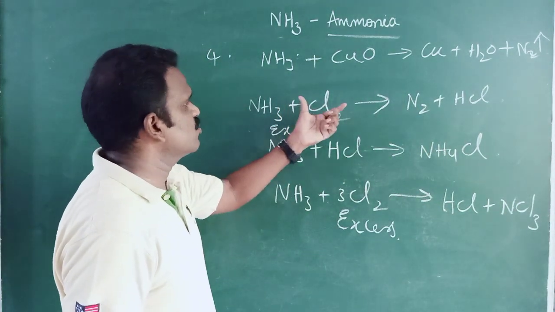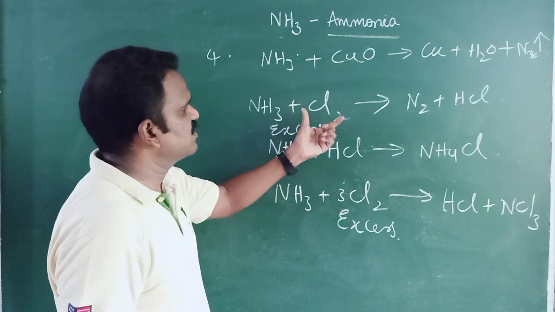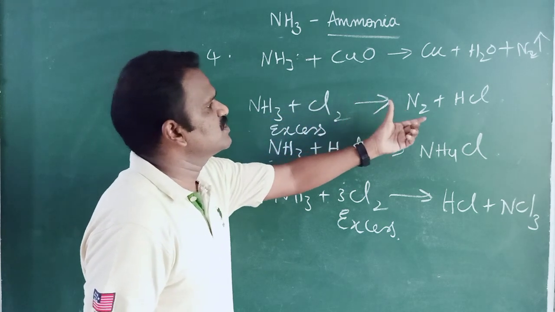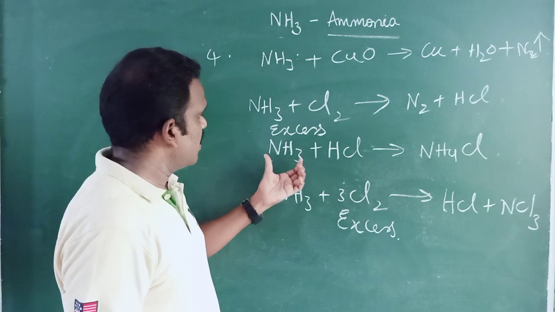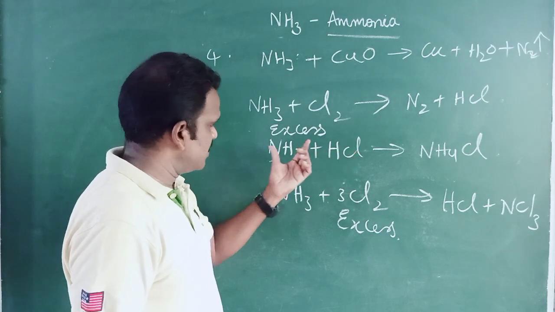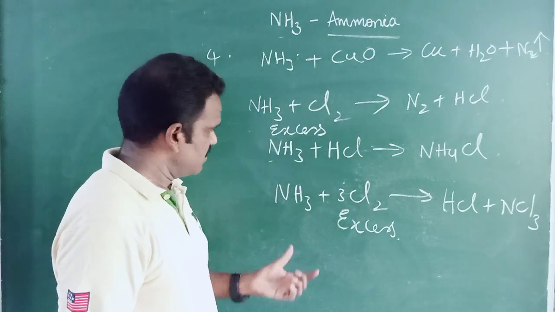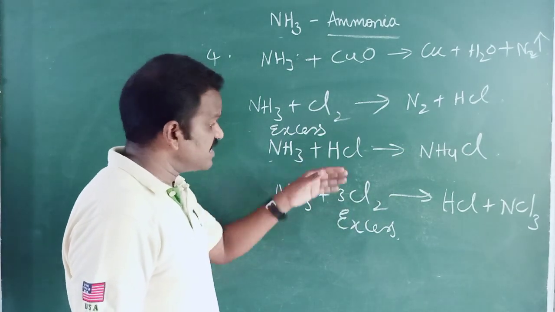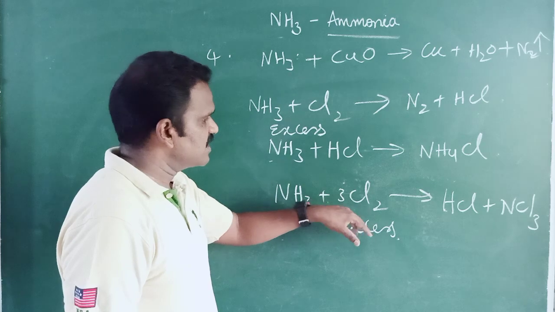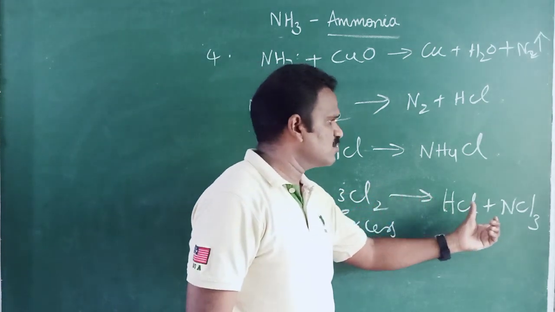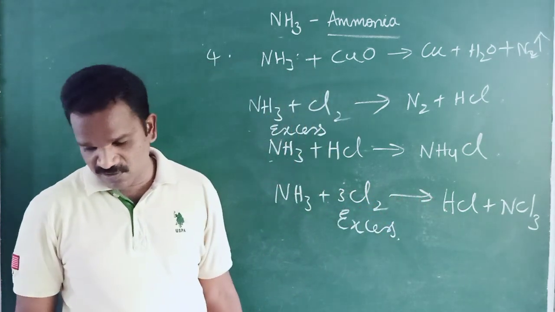So when excess of ammonia is treated with chlorine, we get nitrogen and HCl. When excess of ammonia is treated with HCl, we get ammonium chloride. Now ammonia when treated with excess of chlorine will get hydrogen chloride and nitrogen trichloride.